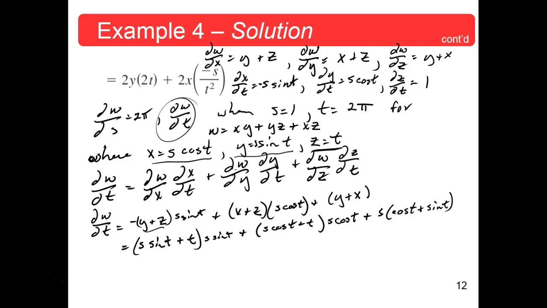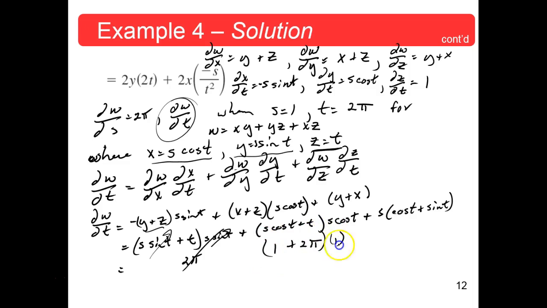So now let's plug in s equal 1, t is equal to 2 pi. Okay, this of course is going to go to 0, right? So that one, but this will be 2 pi still. But this will still be 0, okay? So everything's 0 there. Here, this will be 1, right? Plus 2 pi times 1.